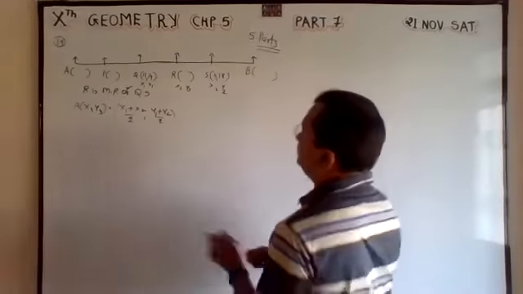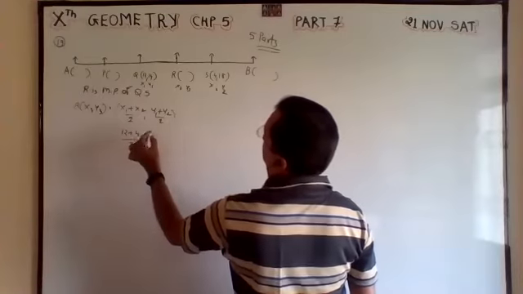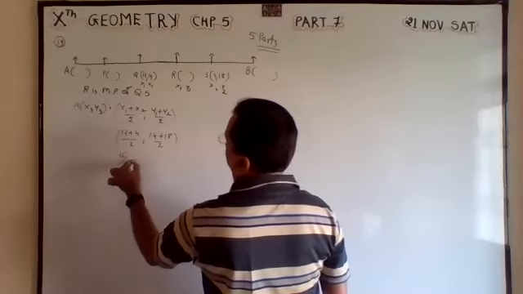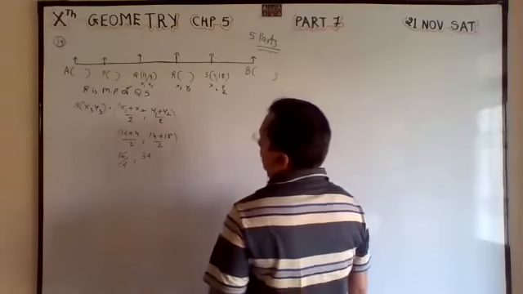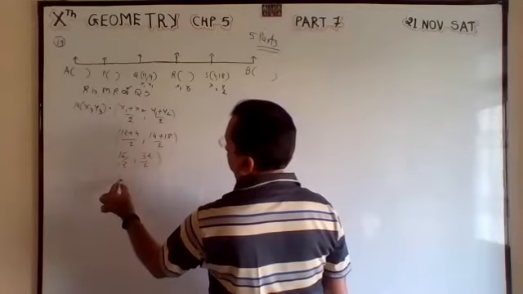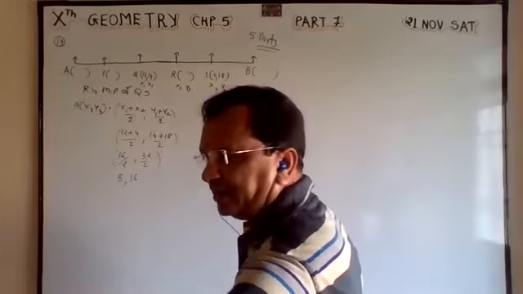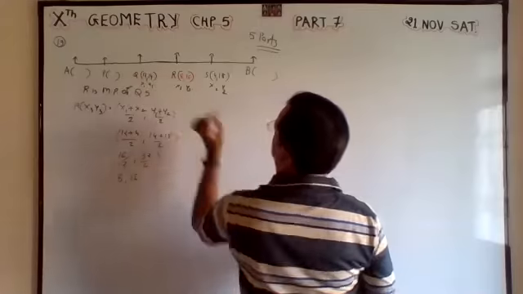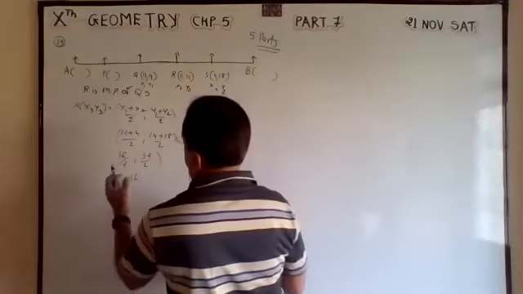Then 12 plus 4 by 2, 14 plus 18 divided by 2. So it is 8, it is 16. This one you will get, that I'll write in red, 8 and 16. That is R.